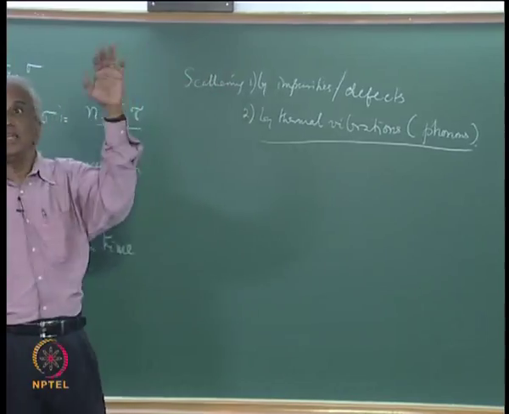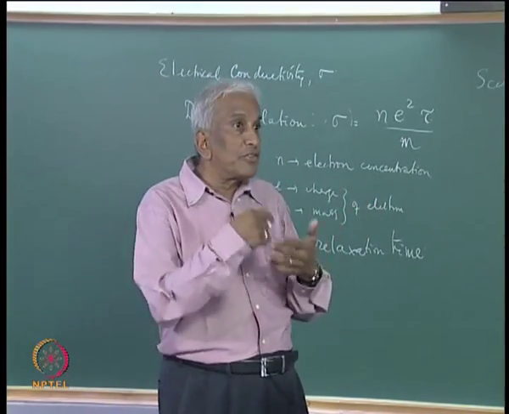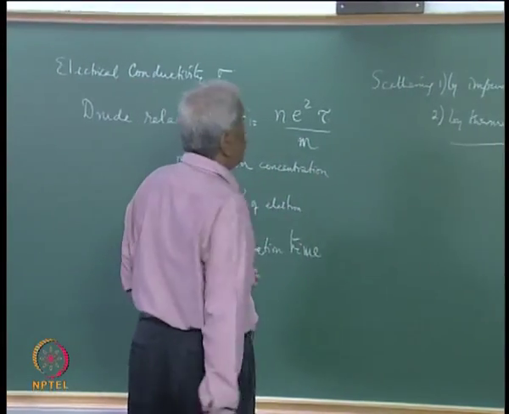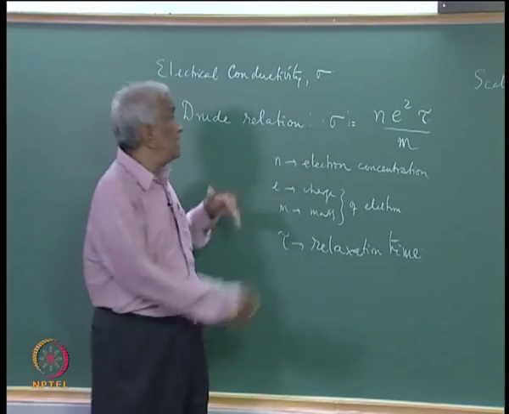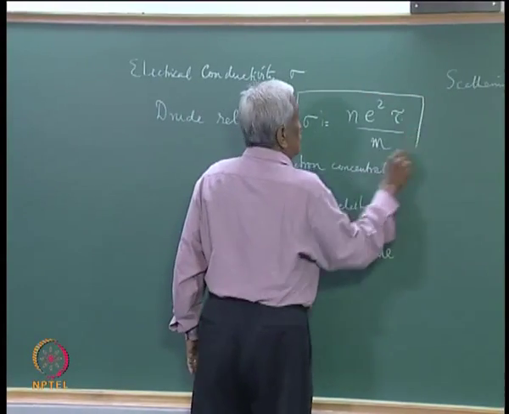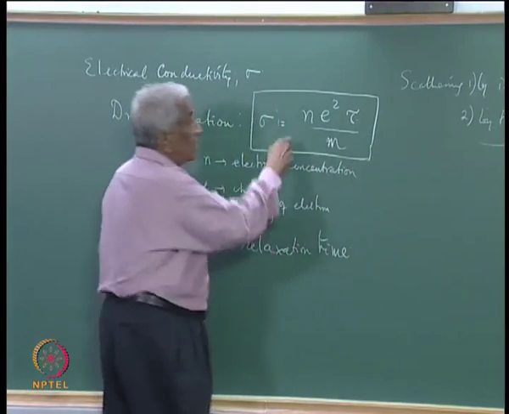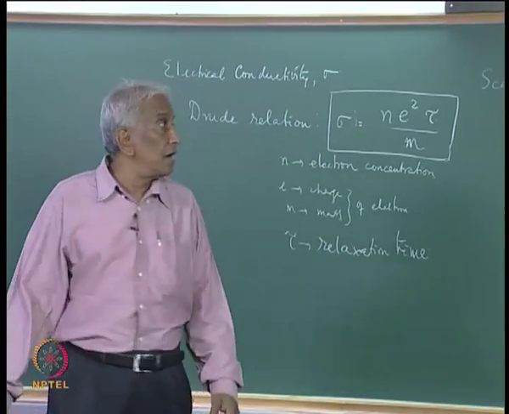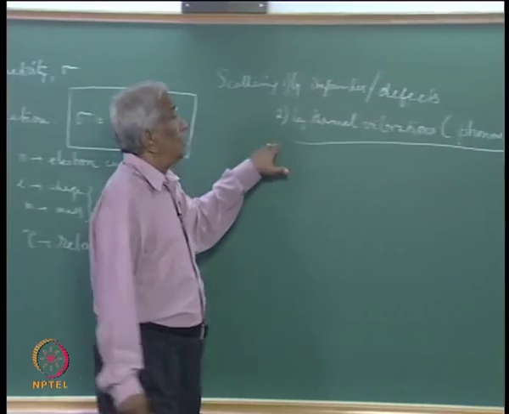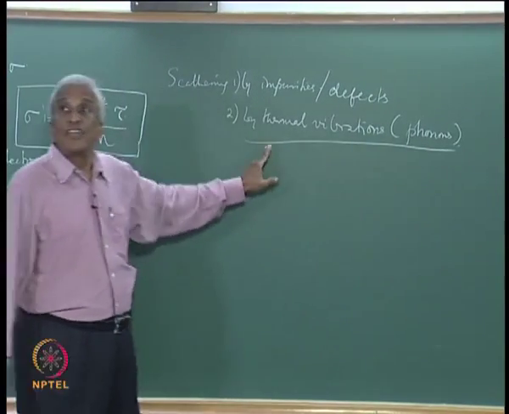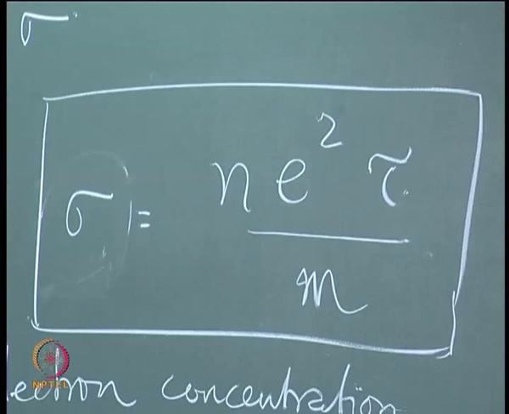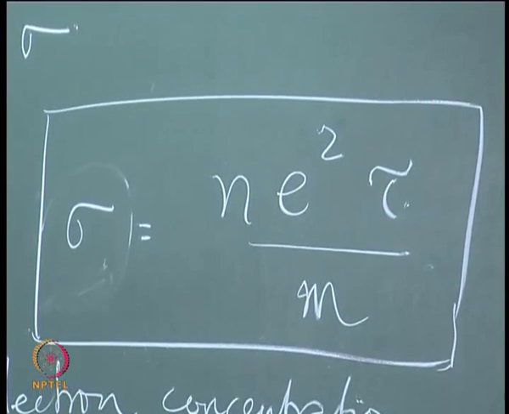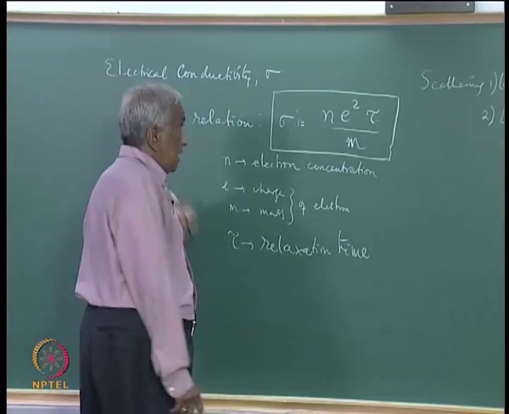We will see the details of this after we have discussed the nature of phonons and so on. So, we will postpone the discussion. We will be satisfied at this stage with the description of the Drude relation. We will return a little later to the specific application of the electron phonon scattering process and how it determines the temperature dependence of the electrical conductivity of a metal.